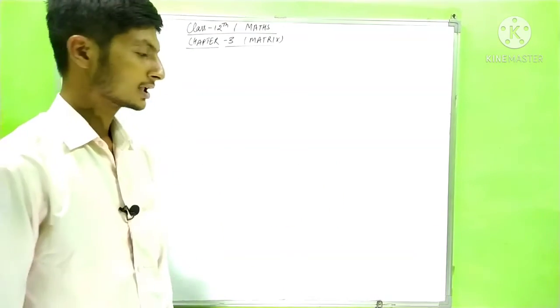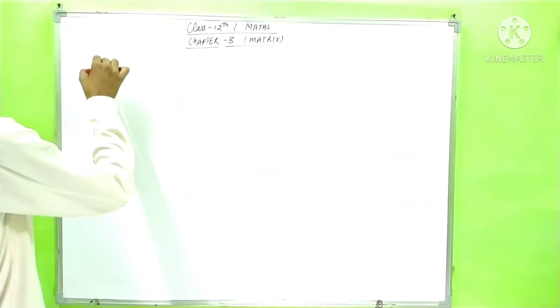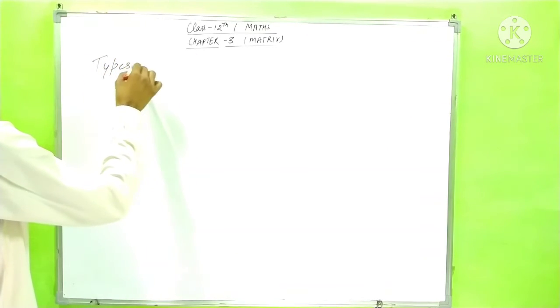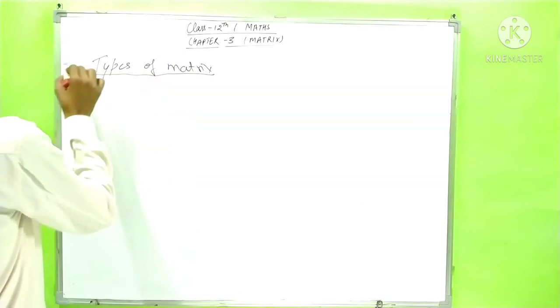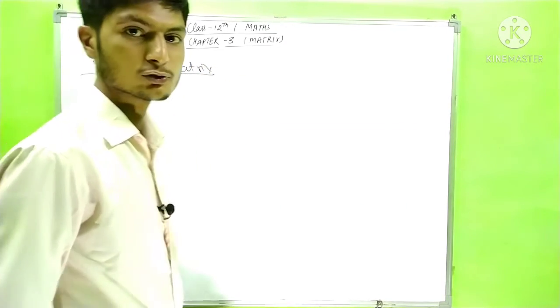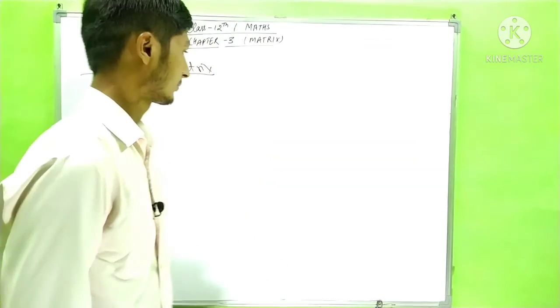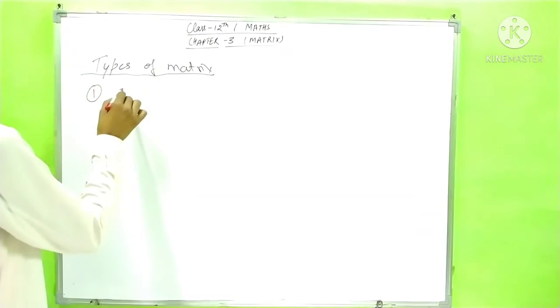Move to the next topic, and the next topic is types of matrix. There are so many types of matrix. First is column matrix.